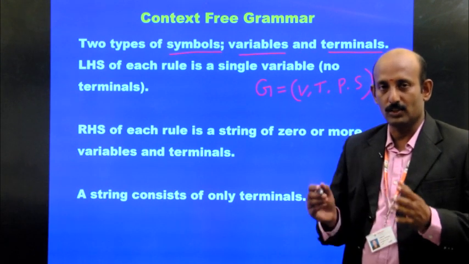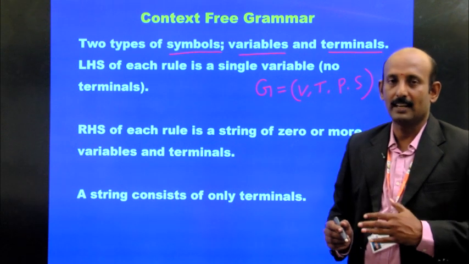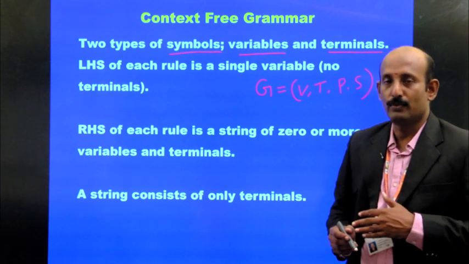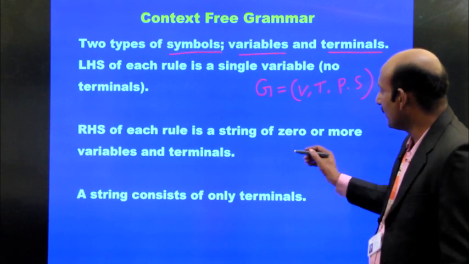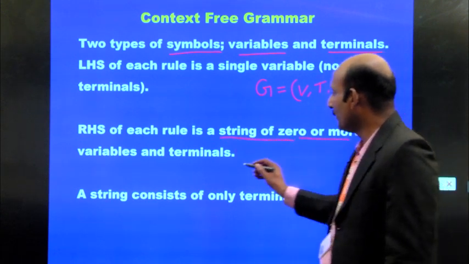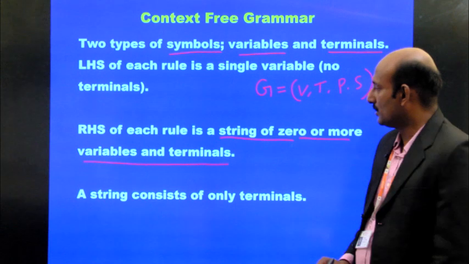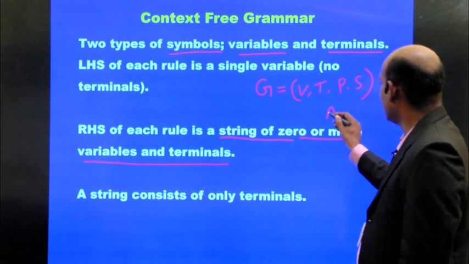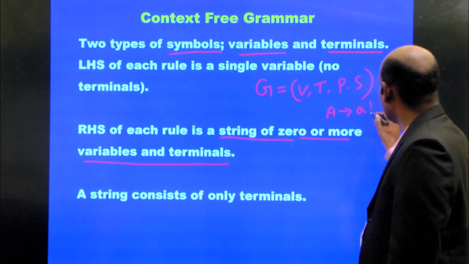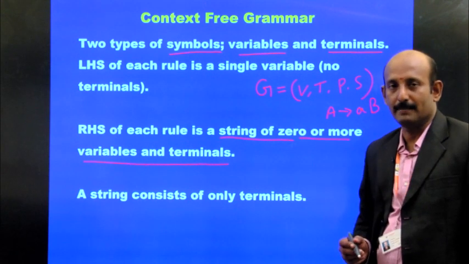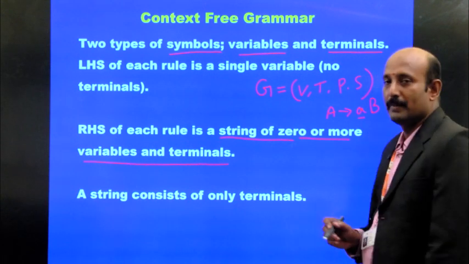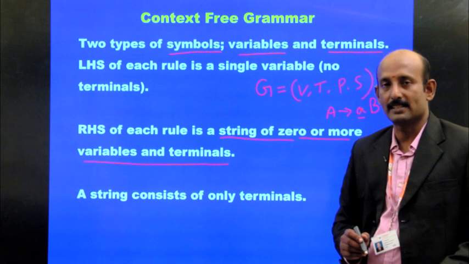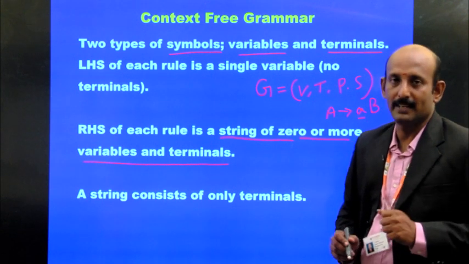So the grammar in general has 4 components. Similarly, in a context-free grammar, G also consists of the same 4 components. The right-hand side is a string of 0 or more variables and terminals. For example, if we have a production A gives aB, here a is a terminal because it is written in lowercase, and lowercase letters are always treated as terminal symbols.